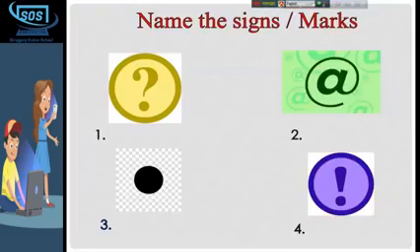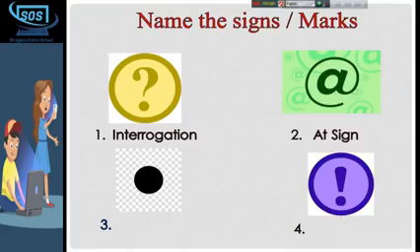Students, now you are to say the sign or marks of the punctuation. Number 1, this is interrogation mark. Number 2, it is called at sign. Number 3, this is a full stop.